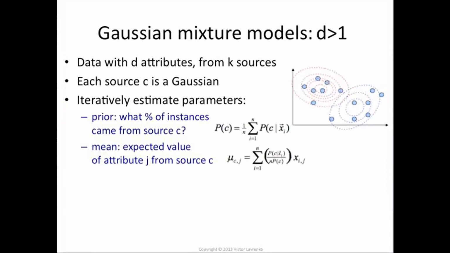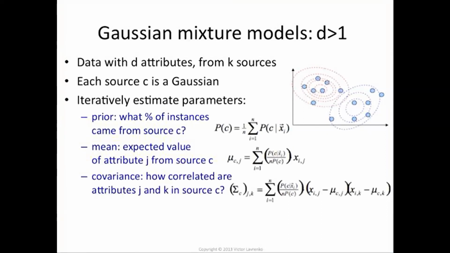So it's going to look something like that. You're going to sum up over all data points Xij, that's the value of the jth attribute in the ith example. And this is our BI divided by the sum of the BIs. Right? That's the weight, how much xi is associated with Gaussian number C.